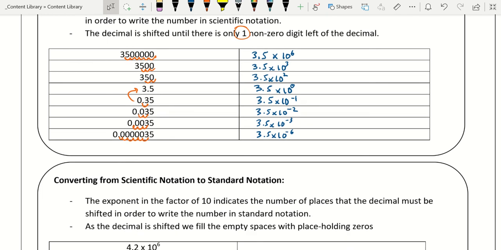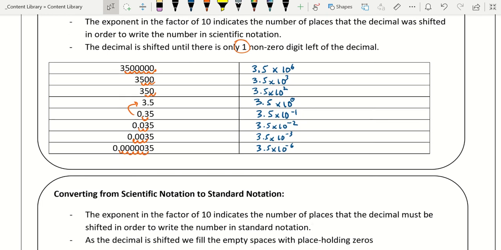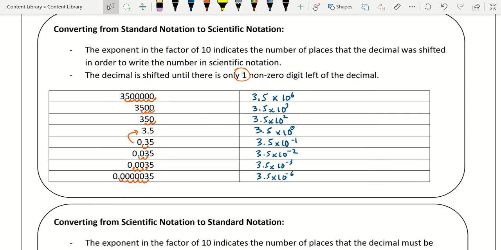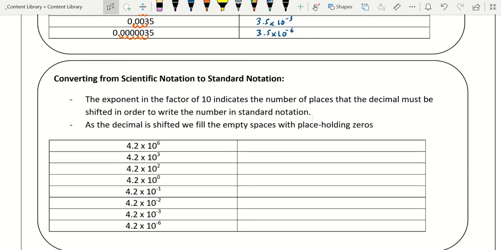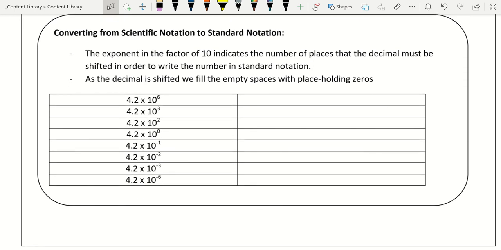So that's how we convert from standard notation to scientific notation. But what about from scientific notation to standard notation? Well, let's have a look at that. First, we identify the exponent. We have 10 to the 6th. Next, let's write down 4.2.